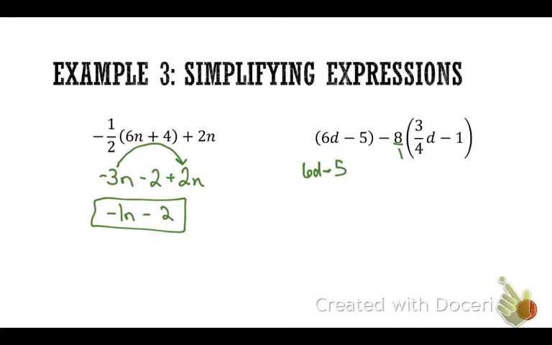Abby, did you get the answer? You can just tell me. So what did you get when you multiply negative 8 times 3? When you did the numerators, you got negative 24. Then negative 24 divided by 4 is what? 6. Negative 6. Okay.